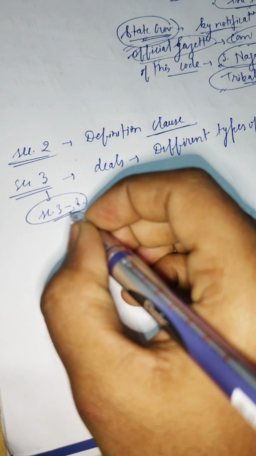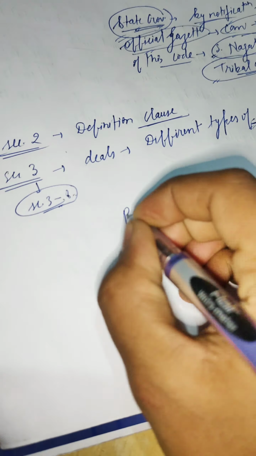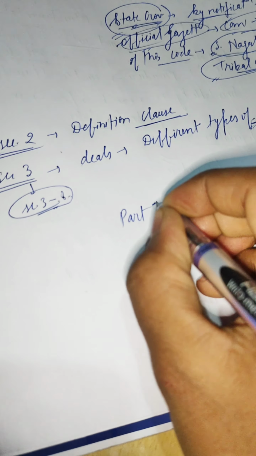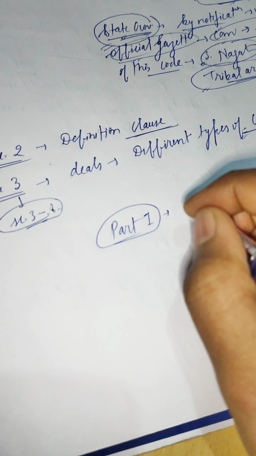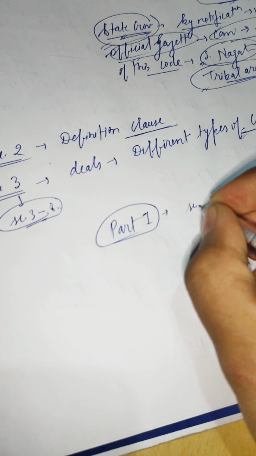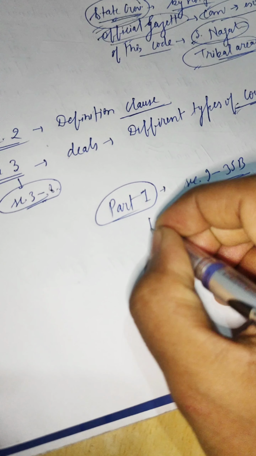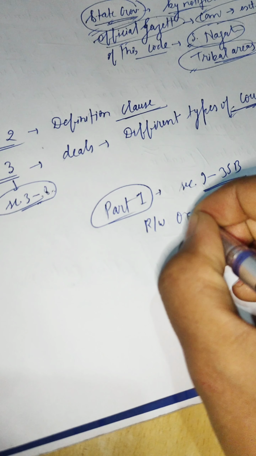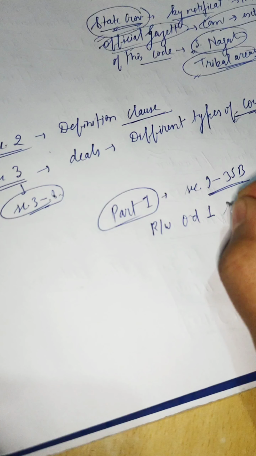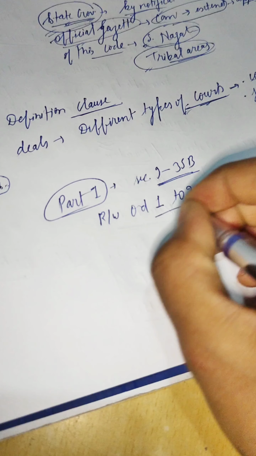After section 3 we have part 1 of the CPC, which goes from section 9 to 35B, read with orders 1 to 20.